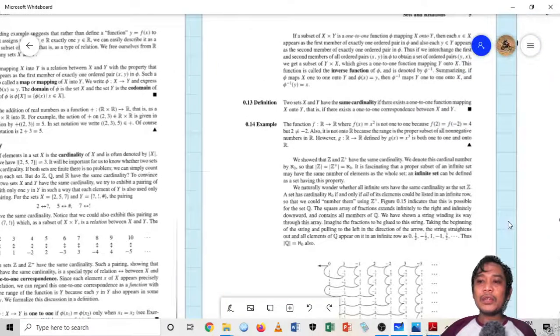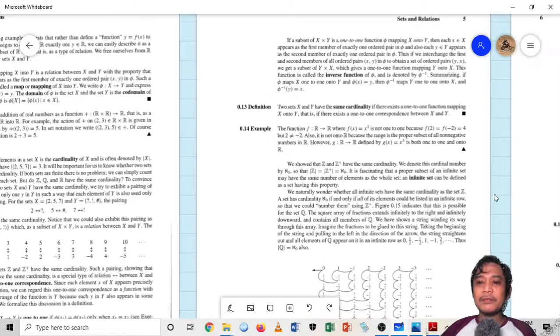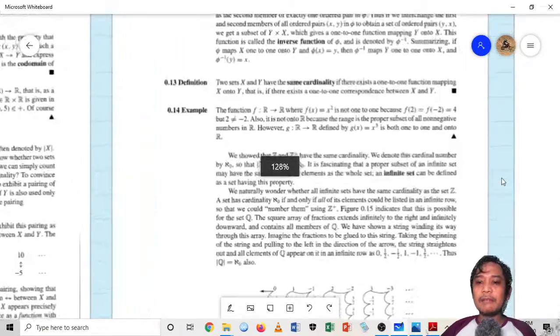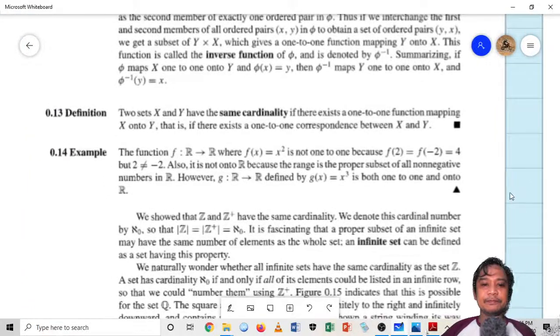Okay? They would have the same number of elements. Why? Because they are both infinite and we can pair them one to one onto one another. So it is fascinating that it is possible for a subset to have the same cardinality as its superset, just like what happened in Z and Z plus.